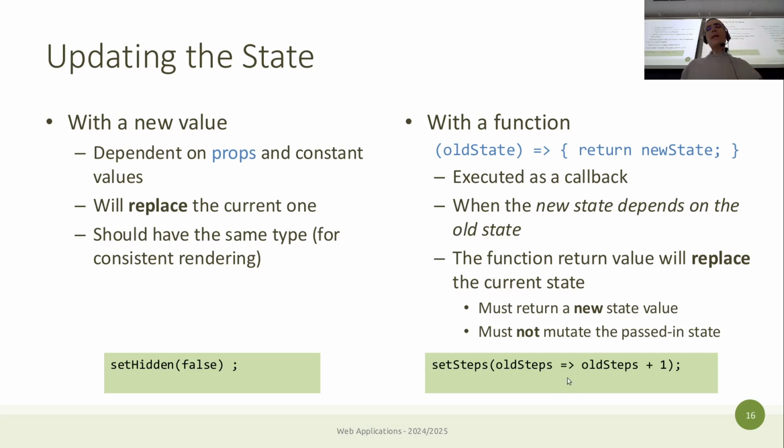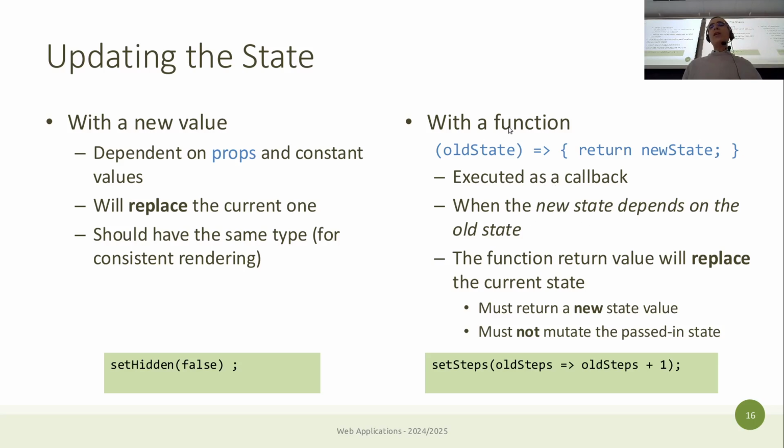And of course, inside the set function, React will have some checks to see if what is passed is a function or not. If it's a value, I immediately set the value of the state as the new value. With a function, this function will be executed as a callback, so later, not immediately.